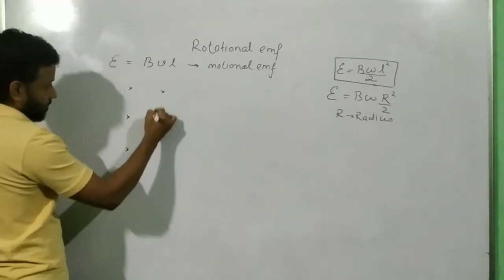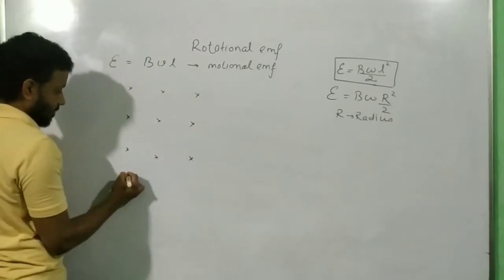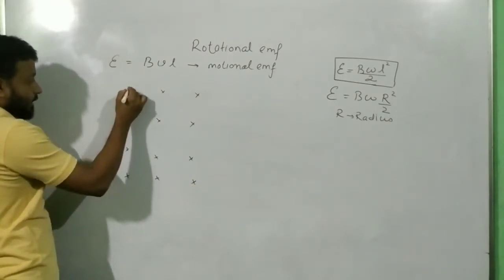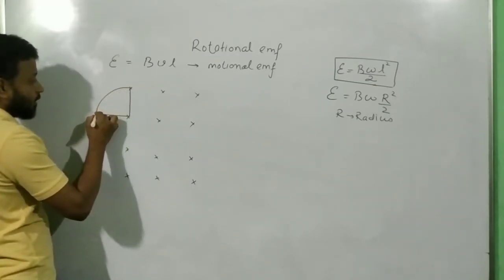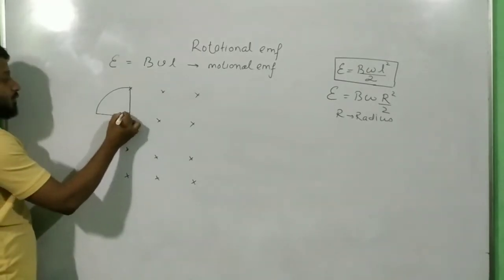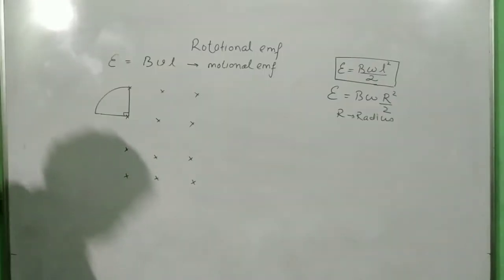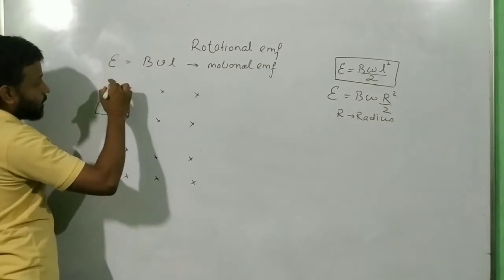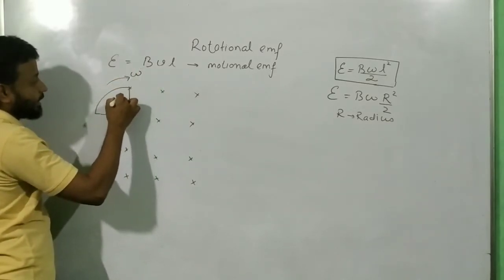Suppose I have a quarter of a loop, and that quarter of a loop has an angle of pi by 2. This whole thing is about to rotate with an angular velocity of omega and has a radius of r.